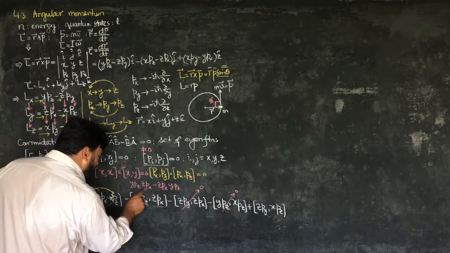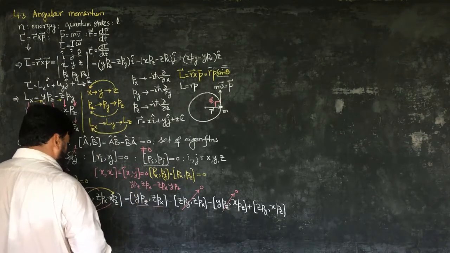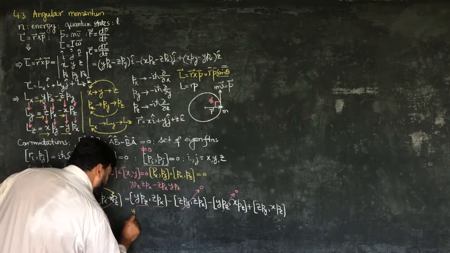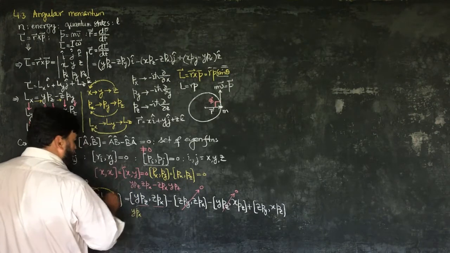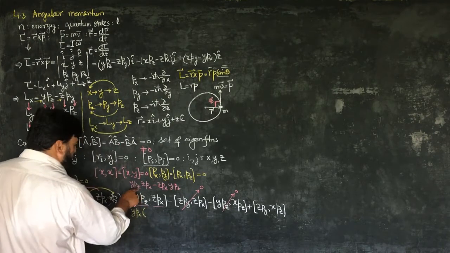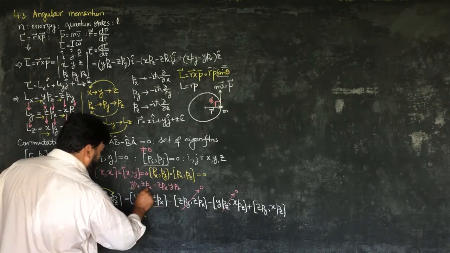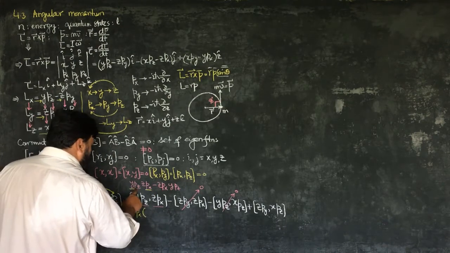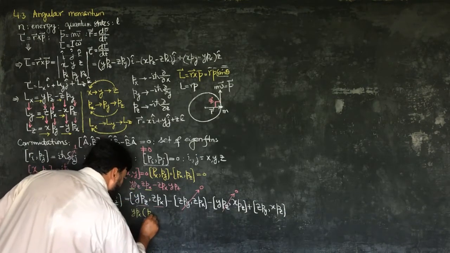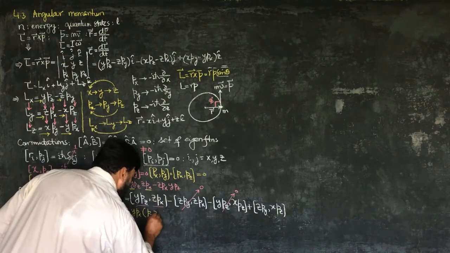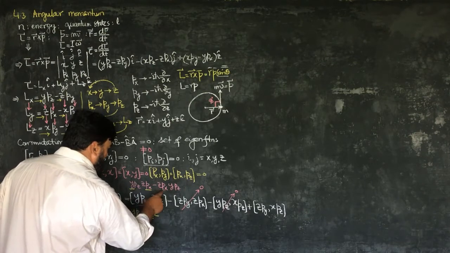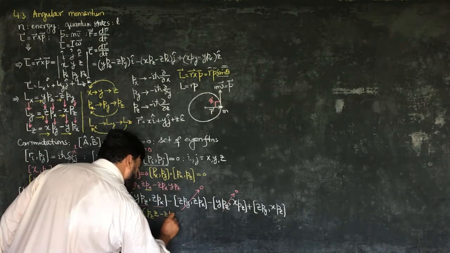So I can take common from here. If I take ypx as common, then this y and this px is common. So this is zpz, or I write in order pz into z, minus ypx is common, so zpz is there.